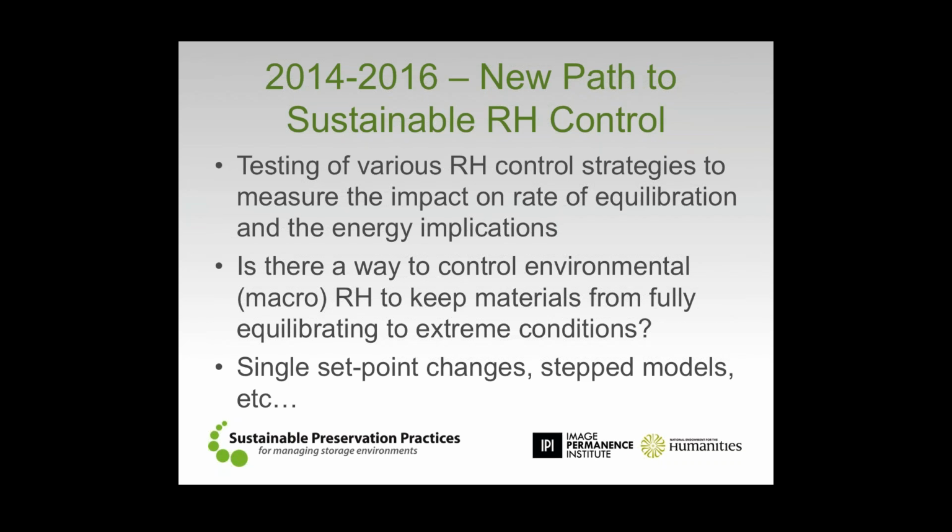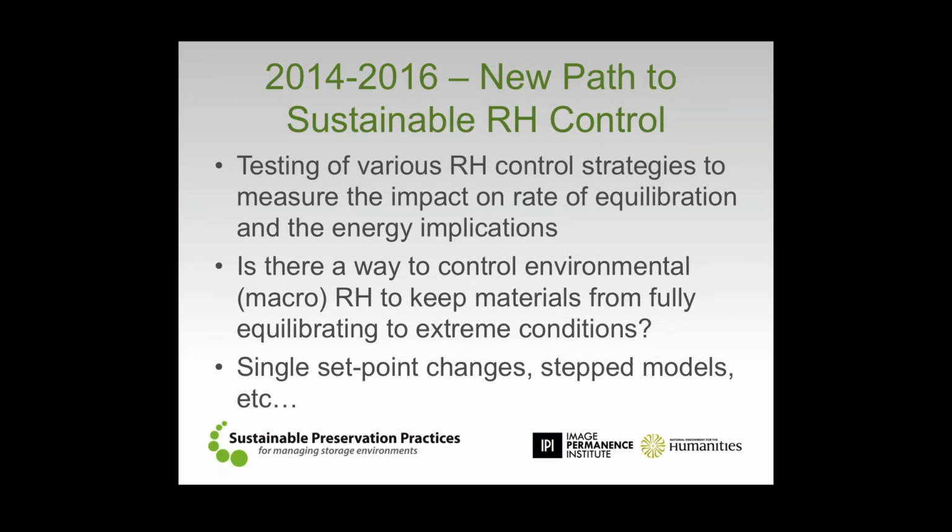But is there a way that we can think about mechanical system operation, and can we test different control strategies? In other words, how often a system operates, or what RH set point it operates to at various times of the year, to measure the impact of manipulating those equilibration rates, for the purpose of energy implications.